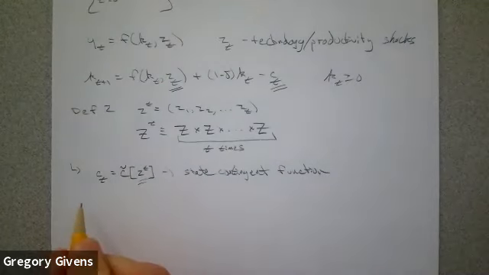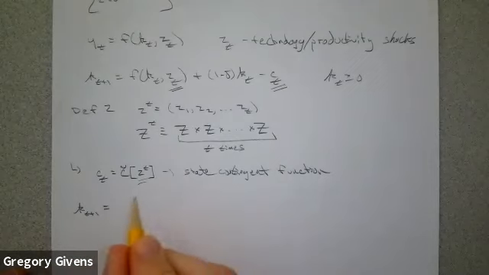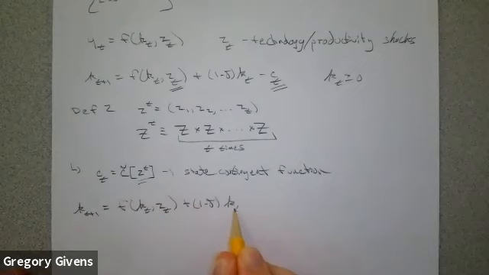Okay, if Ct depends on the entire history of shocks leading up through period t, then if we go back to the resource constraint, we say that Kt plus 1 is f of Kt, Zt, plus 1 minus delta Kt, minus C tilde of Z superscript t.